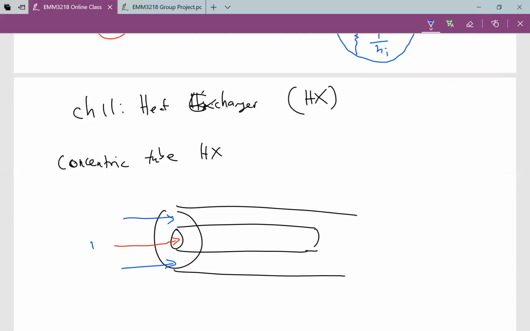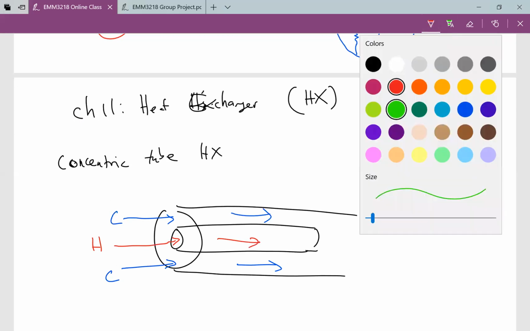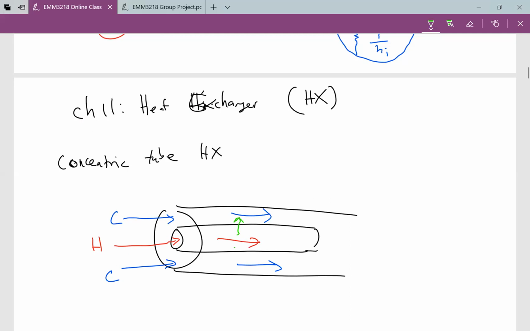Let's say this is the cold fluid flowing in, and then you have a hotter fluid flowing in.